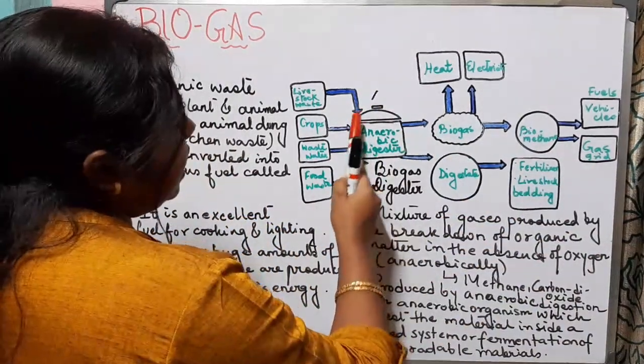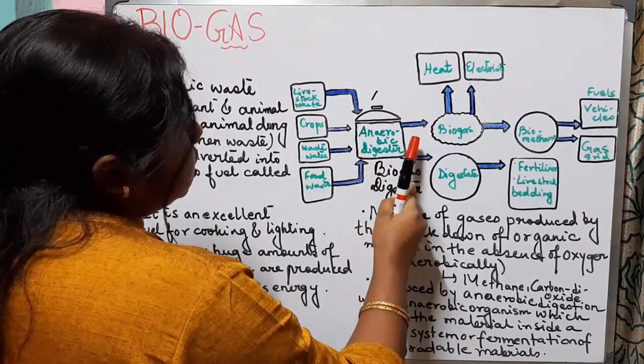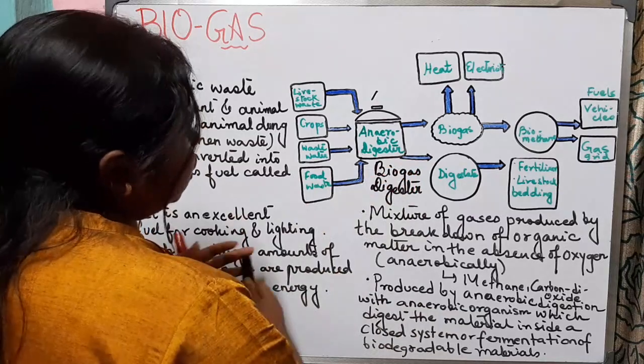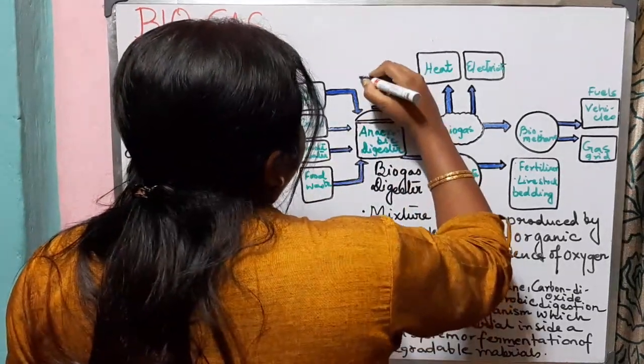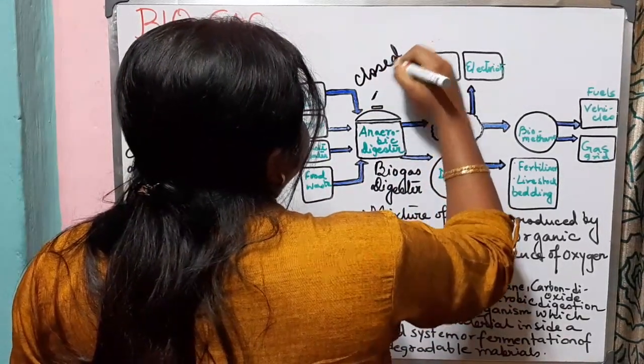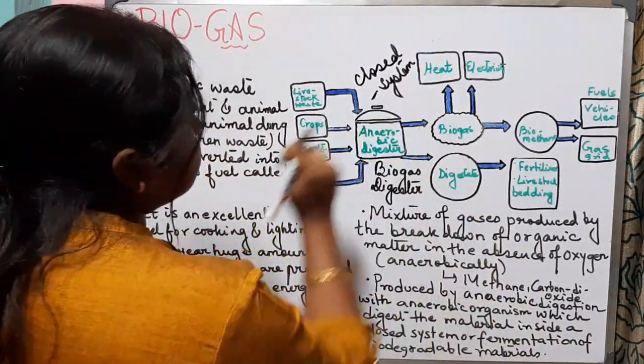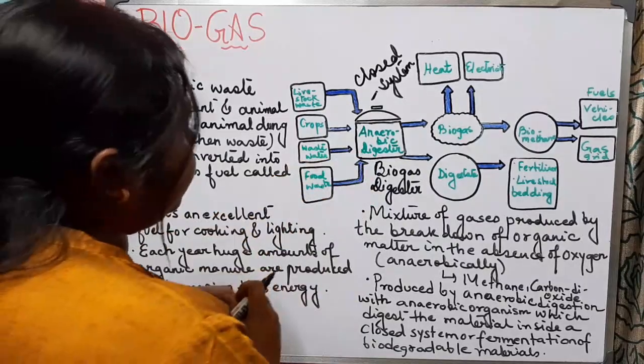Here you can see that this is a digester, an anaerobic digester or a biogas digester, which is a closed system. Now here, what happens?